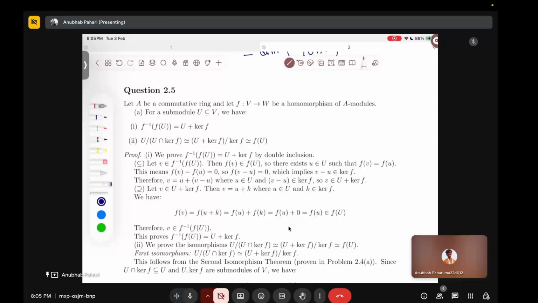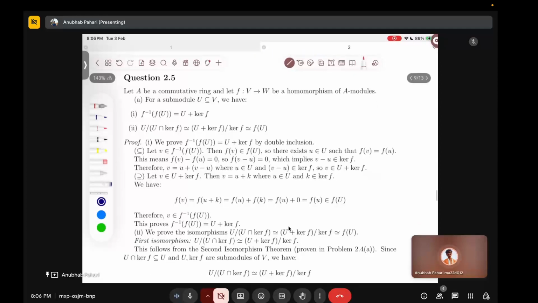That means F of (v minus u) equals 0, which implies v minus u belongs to the kernel of F, and that will imply that v equals u plus (v minus u), where u belongs to capital U and v minus u is in the kernel of F. So therefore v belongs to capital U plus kernel of F. So therefore one direction is proved.